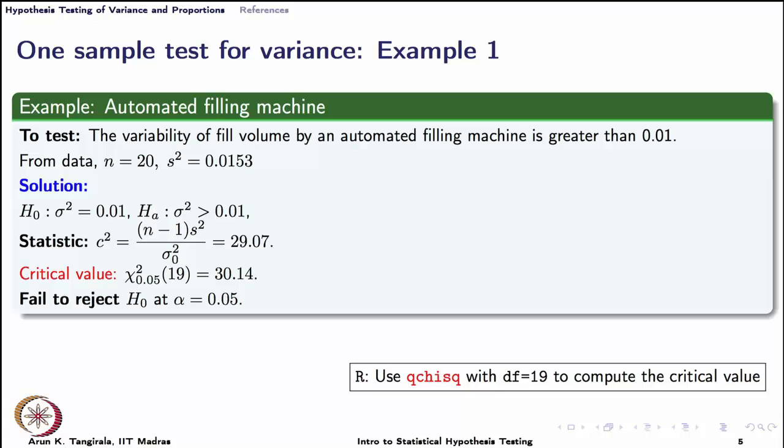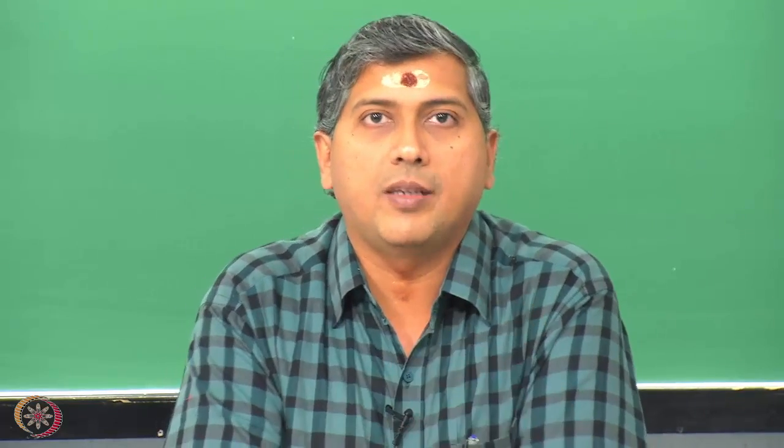So, what we do is we collect 20 bottles at random that are filled by this automated machine. This is an example from the book by Montgomery and Runger, where the variability, that is the sample variance, is directly reported as 0.0153, and now the null hypothesis is as expected sigma square equals 0.01, and the alternate hypothesis is that sigma square is greater than 0.01.